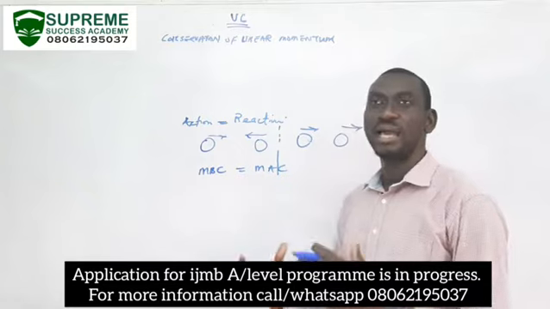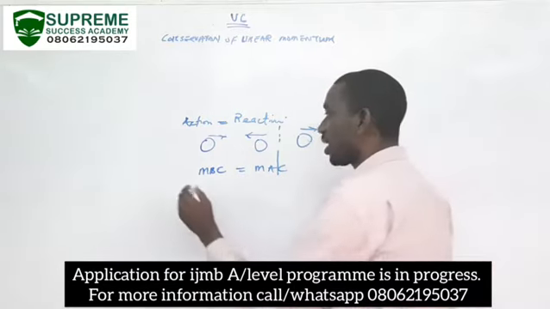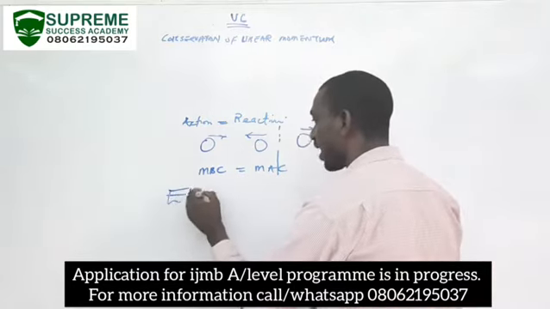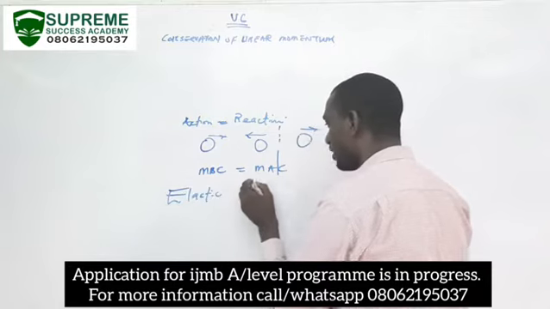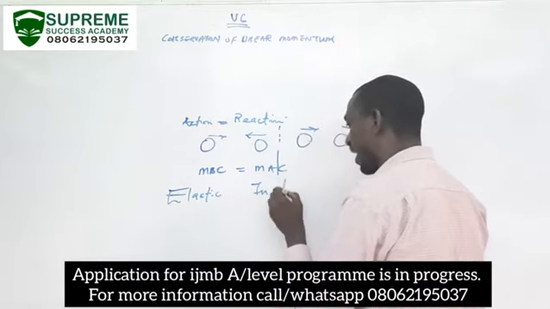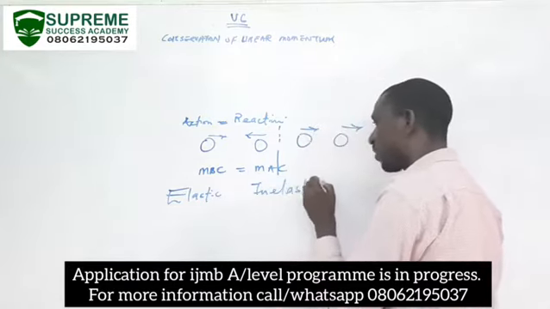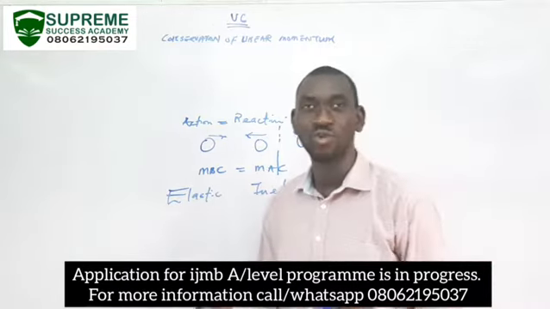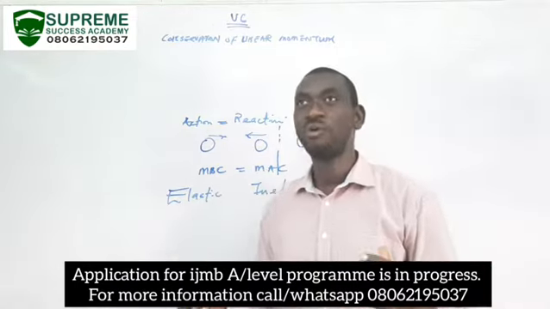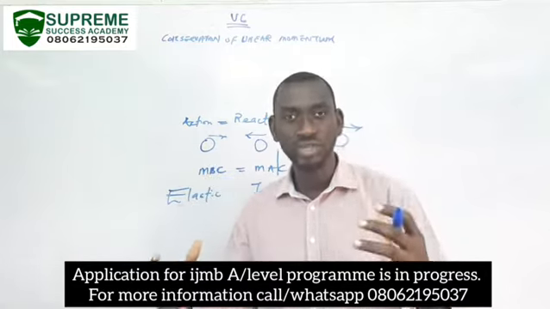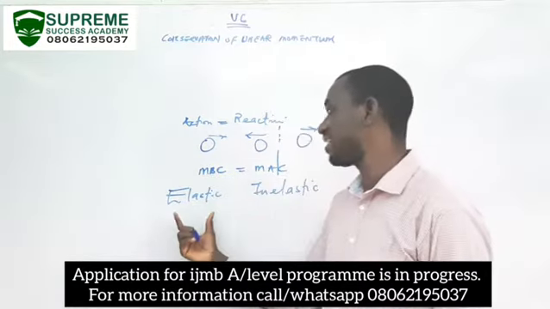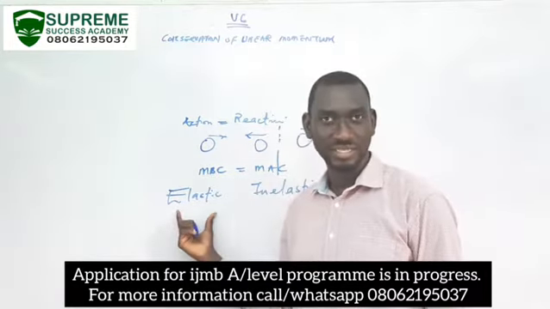We have different types of collision. Collision can be said to be elastic, or it can be said to be inelastic. If a collision is elastic, what do we mean? We mean that both the momentum and kinetic energy are conserved.